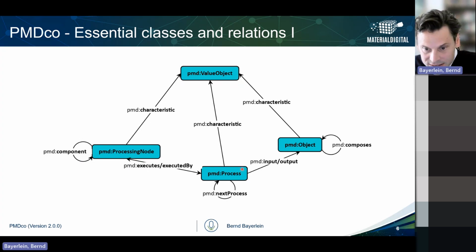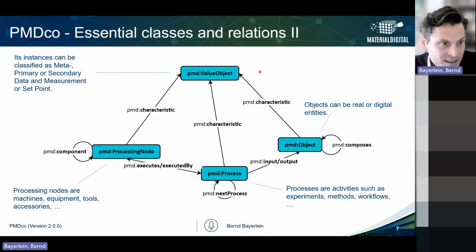And from all these bottom essential classes, they point to the other essential class, which are the value objects. And value objects are our metadata, our data.